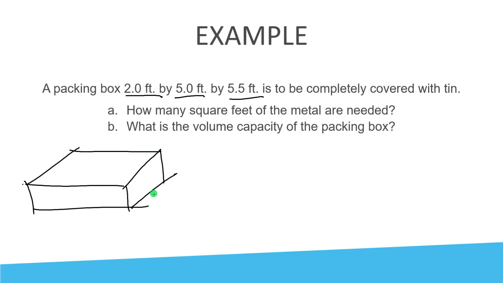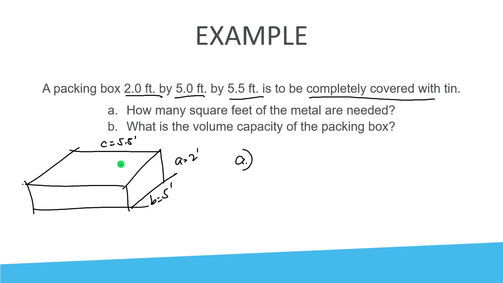So we have sides A 2 feet, B 5 feet, and C 5.5. For the surface area, because it will be completely covered with tin, we need the total surface area of this box.